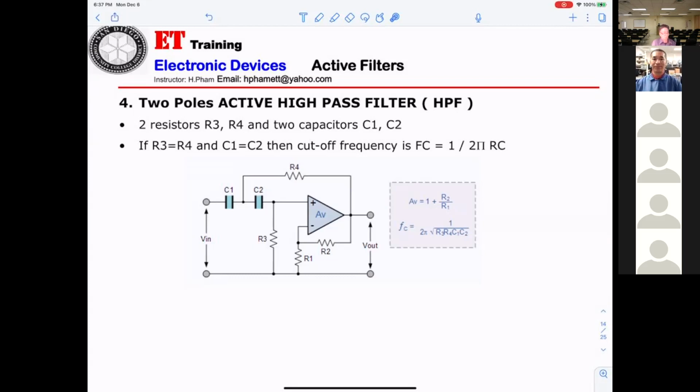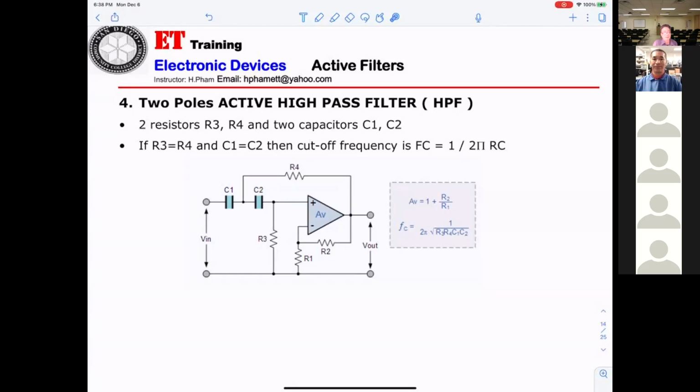If you don't know the configuration for the op-amp, then you can mix up the resistors. So R1, R2 are used for the gain of the amplifier, and the leftover will be R3, R4. Those will be the two resistors for the filter.